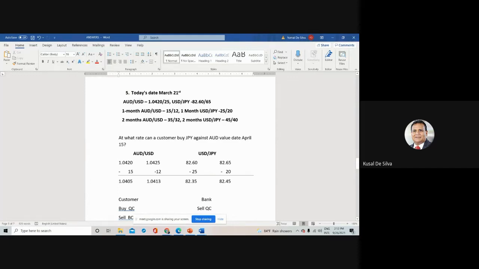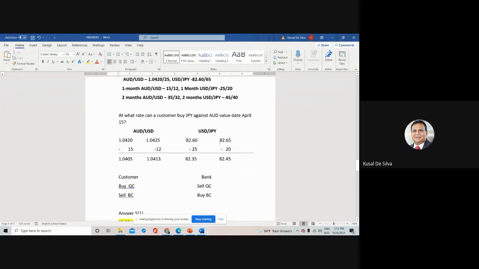For example, the AUD USD rate is this, and the USD JPY rate is this, on the 21st of March. Don't think of today's date. You have to assume that you are at March 21st, and if you are given the calculation to calculate in 1 month or 2 months time, how are you going to do it?